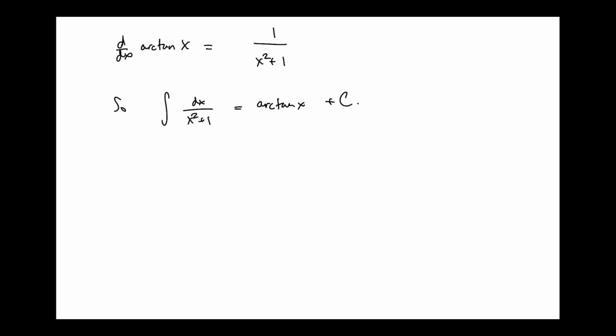Now, I should mention that for the inverse trig functions, what was the derivative of, for example, arcsine of x? It was that, right? And arccosine was the same thing, but with a minus in front. Do I want you guys to memorize those?